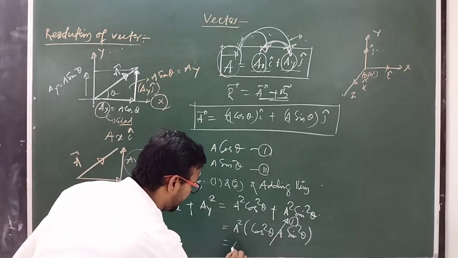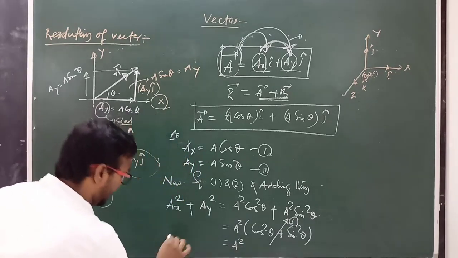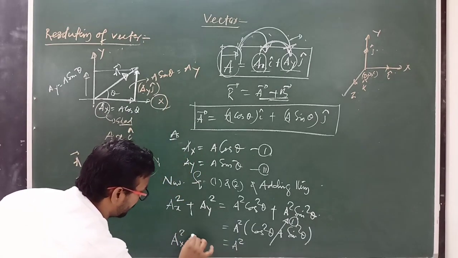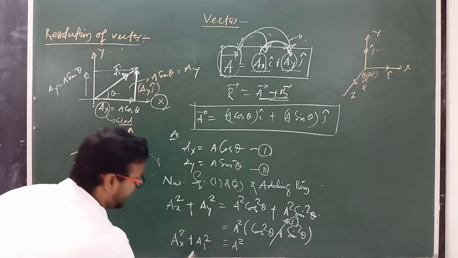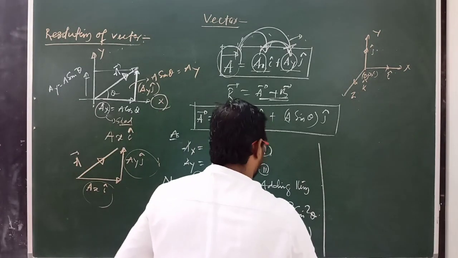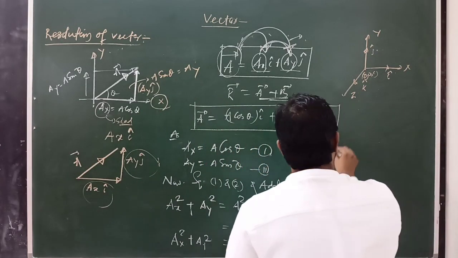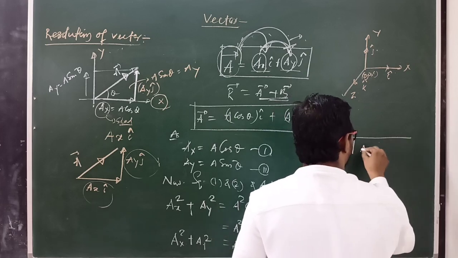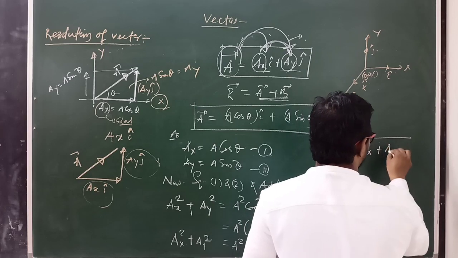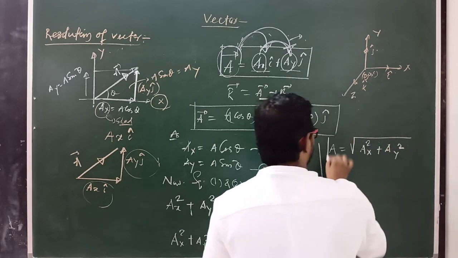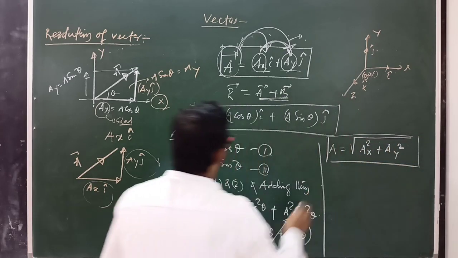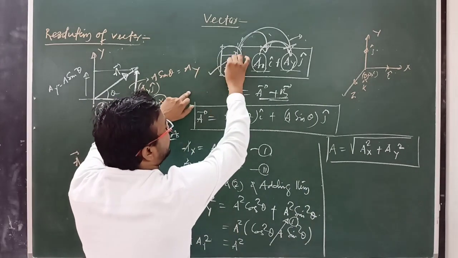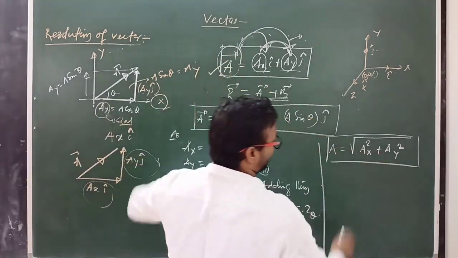So we get A square. If we take A, then A is under root Ax square plus Ay square. This is known as the magnitude, because this is a vector, A vector, and this is its magnitude.